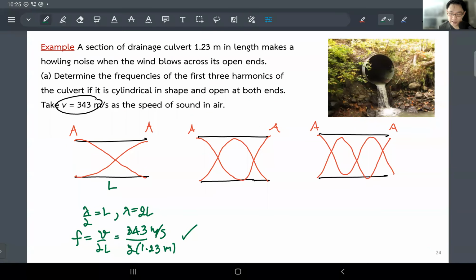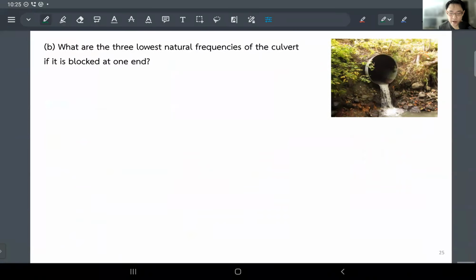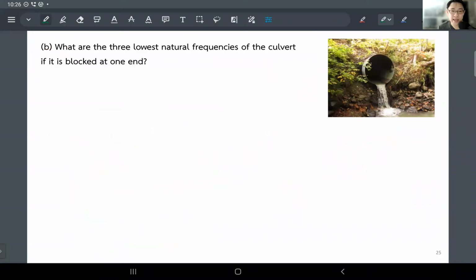Okay, and the last exercise of this one is going to look exactly the same. Let's say you are thinking of this tube as blocked at one end. That means what you have over here is the condition of one end open and the other end closed.